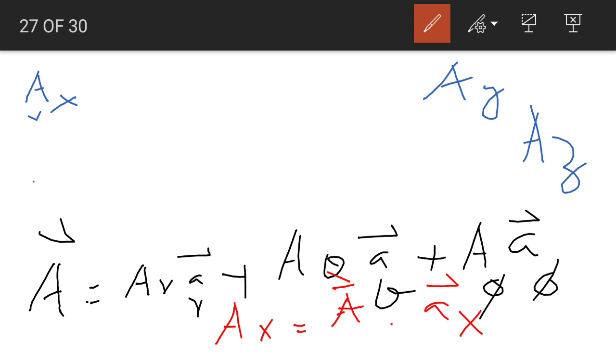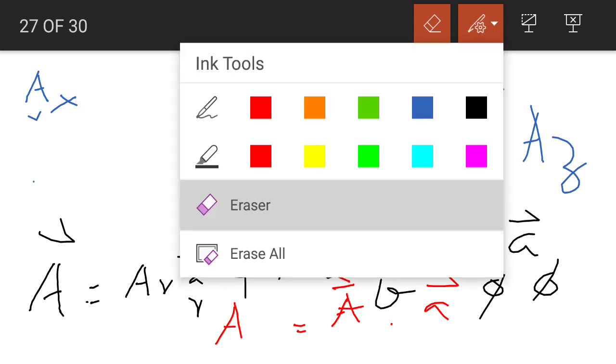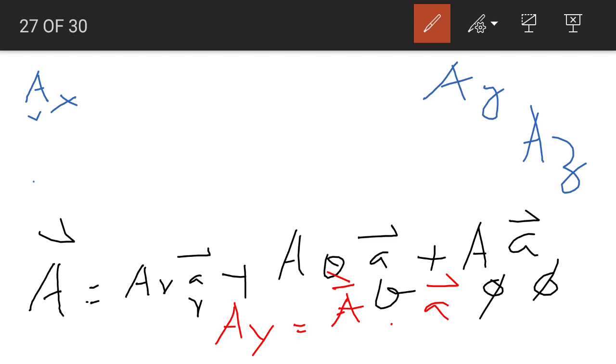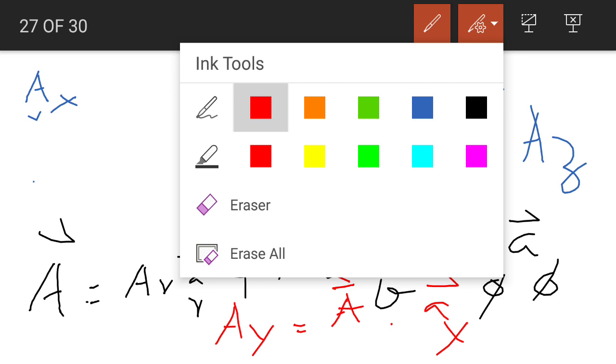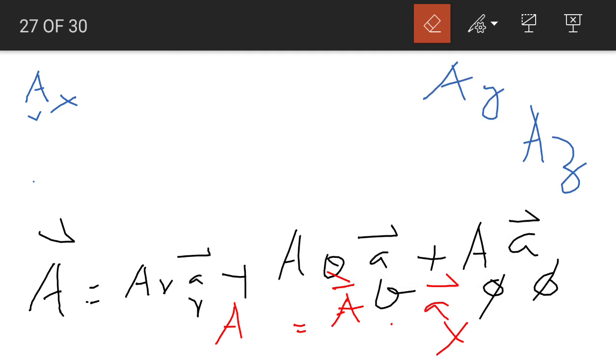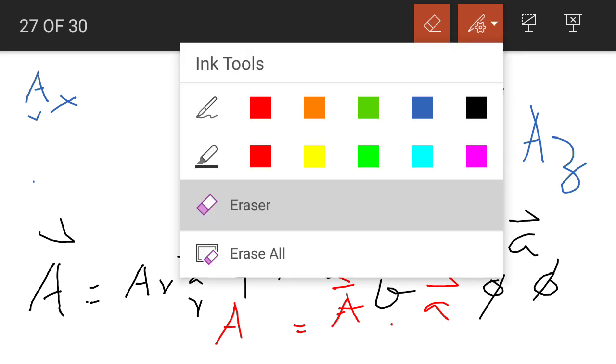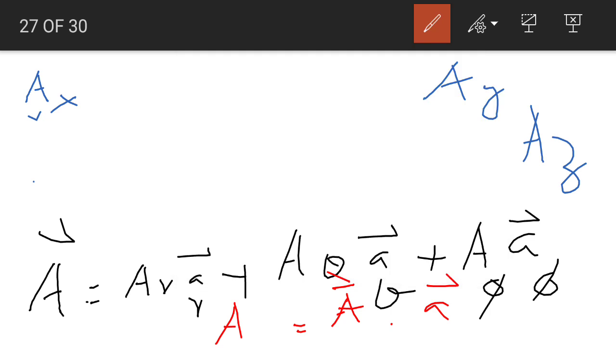Similarly, the y component will be equal to A dot ay, and similarly the z component of this vector will be equal to A dot az, right?